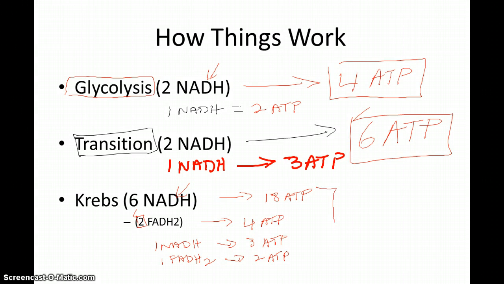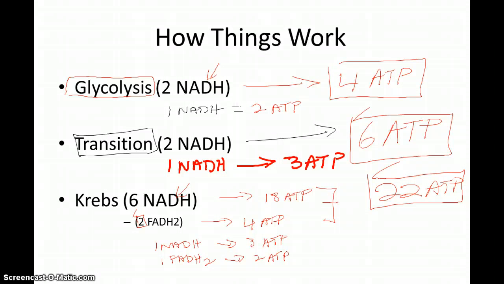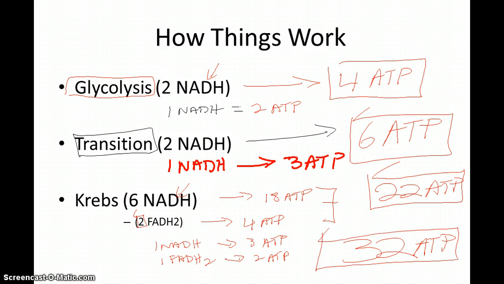That gives us a total of 22 ATP from Krebs. Now if we add these up, 22 plus 6 is 28, plus 4 is 32. So ETS produces 32 ATP. And how this happens is now going to be explained.